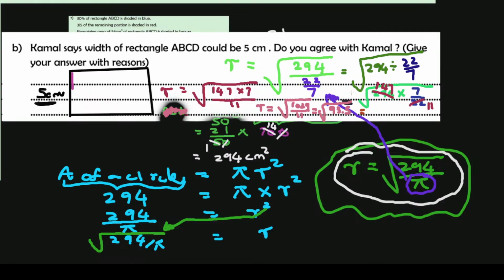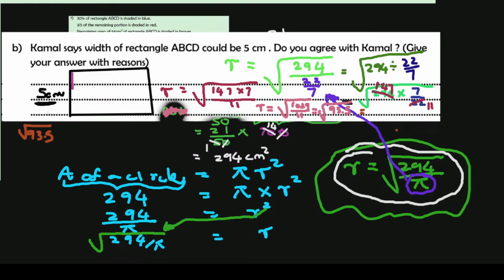So we know the square root of 93.5, there's no space for me here, so let's write here. What is the square root of 81? That's 9. So definitely the square root of 93.5 is bigger than 9.